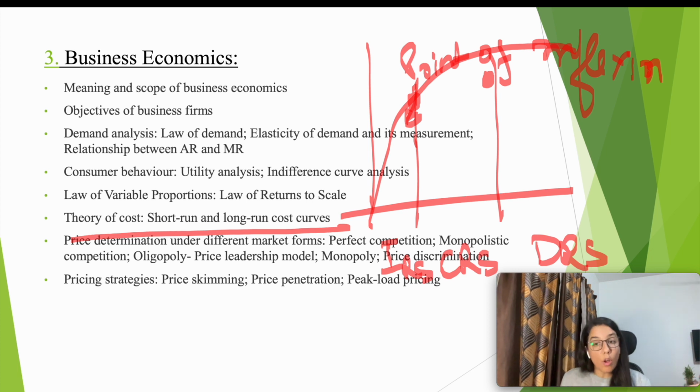Then short run and long run cost curves, all these are very important. The most important thing here in business economics is the markets and their features and their graphs. These are very, very important, so do study them. Then pricing strategies are very important. They ask a very common question about what is skimming price and what is penetration price.